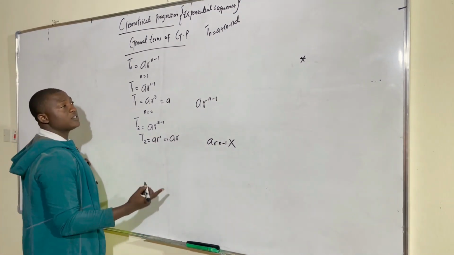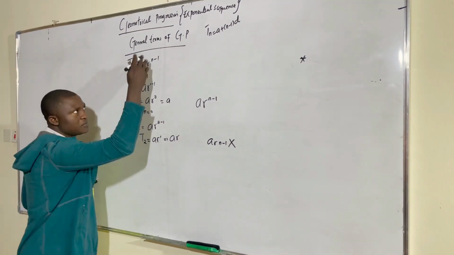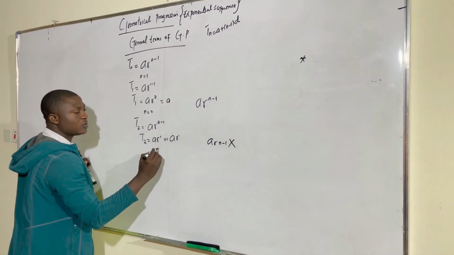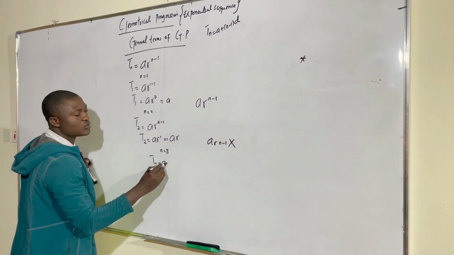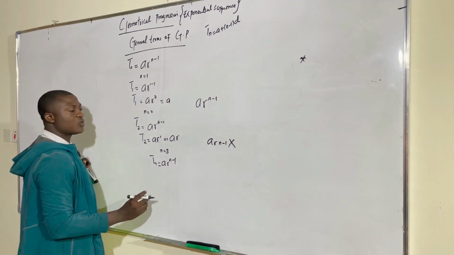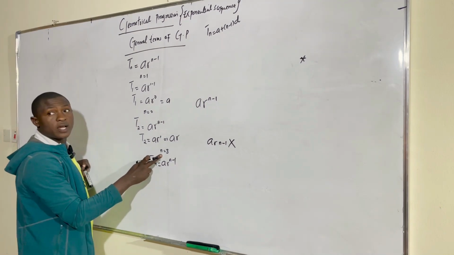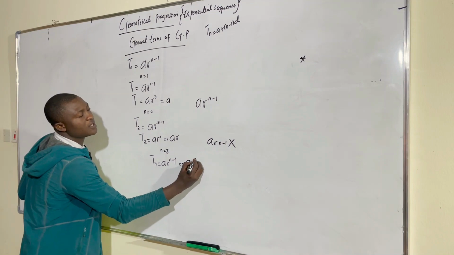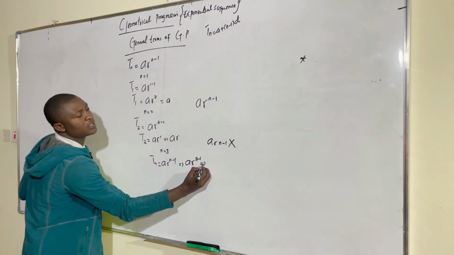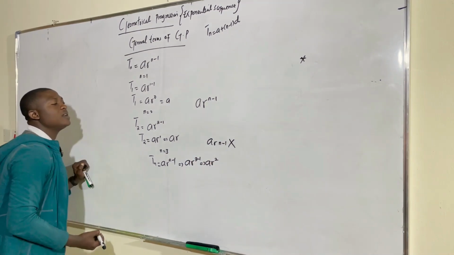Now if I want to find the third term, I substitute the same way. Going to the formula Tn equals ar^(n minus 1), I put the value of n to be 3, so you have ar^(3 minus 1), that means we have ar squared.